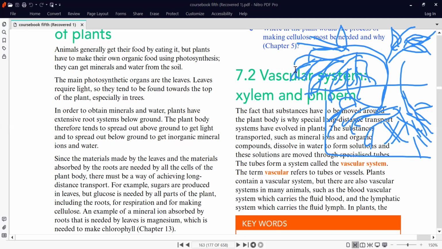And the next factor which also helps the plant body for the process of photosynthesis is the flat structure of the leaves, expanded and flat structure of leaves, which are going to trap more sunlight.